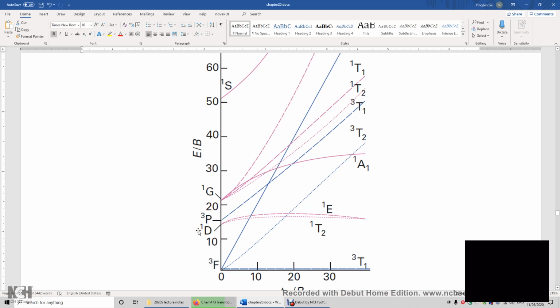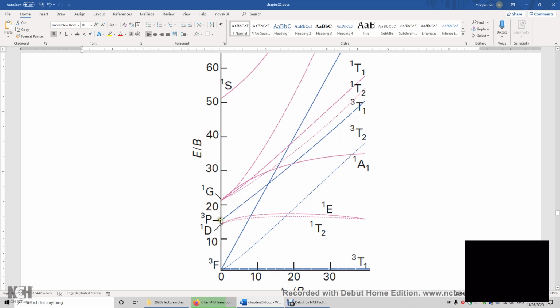For the 3d transition metal elements, the Racah parameter C is equal to 4B. And then if you look at the Racah expression of the energies of all those atomic terms, 1D is about 13B above 3F. 3P is 15B above 3F.